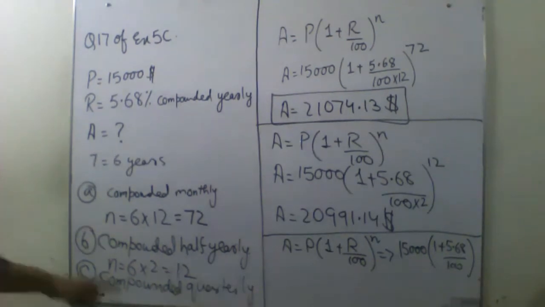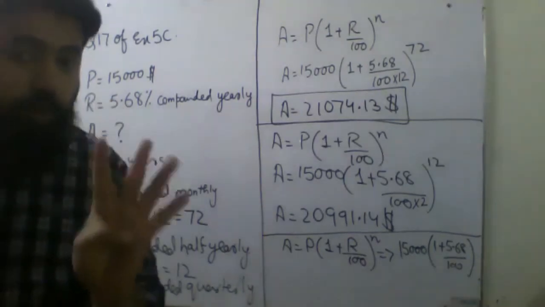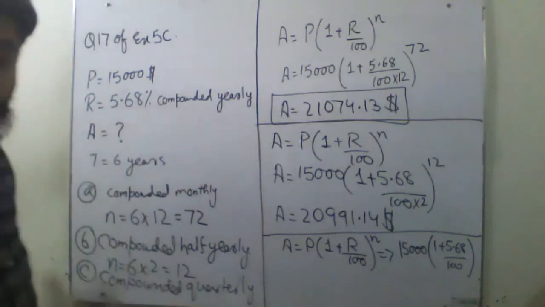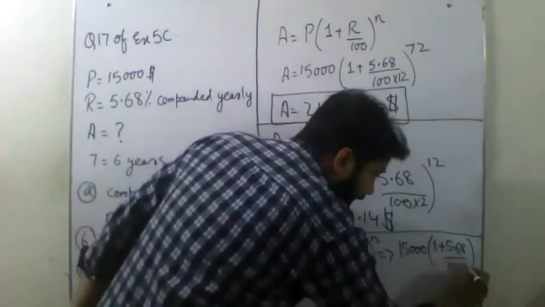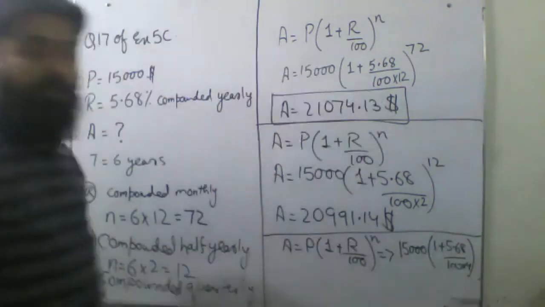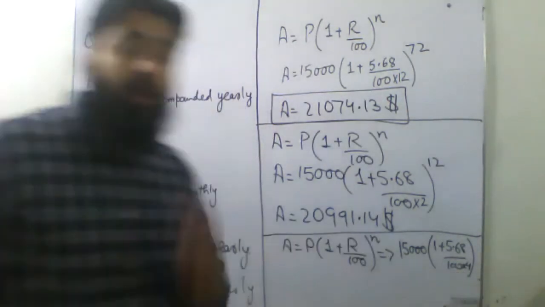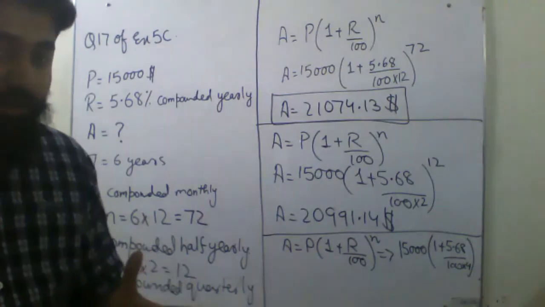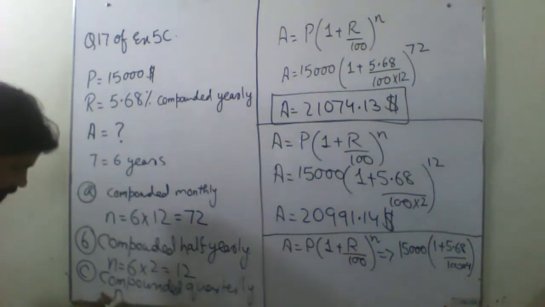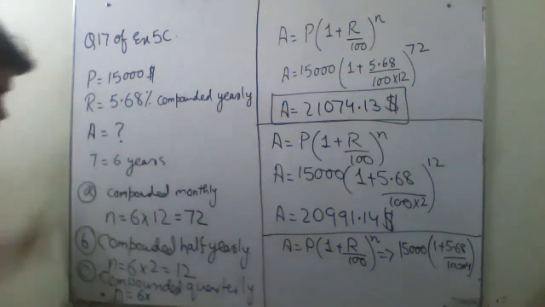Now, in a single year, I will have 4 quarters. So I will divide my rate by 4. What will be the value of n? I have 6 years, and in a single year I have 4 quarters.